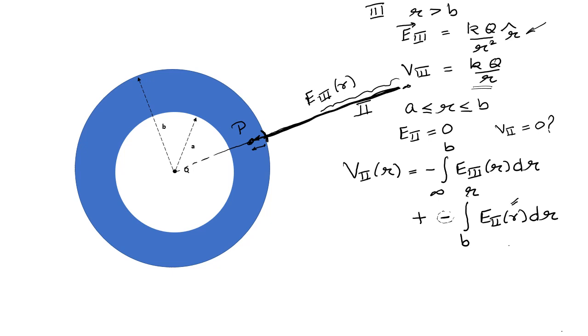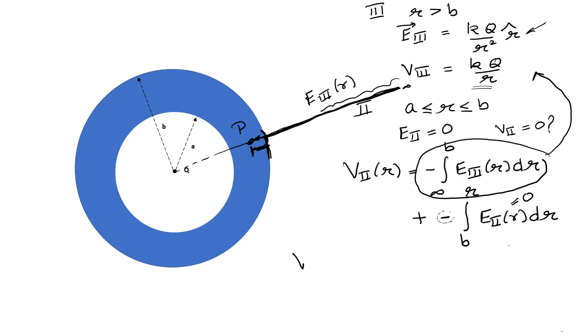E2 to R is simply 0. So when we travel from the edge to this point, we don't gain any potential. We remain on a flat curve, and thus the integral over here, we have already evaluated when I did the calculation for region 3.